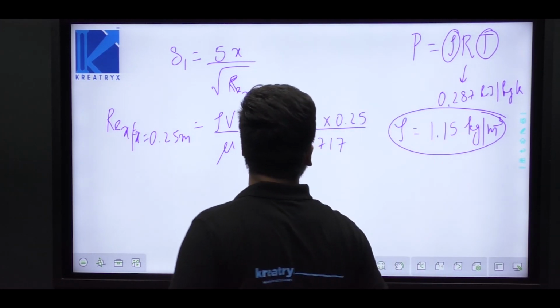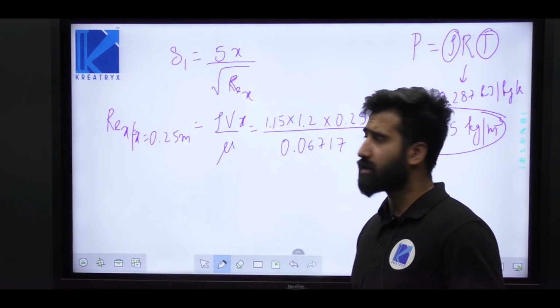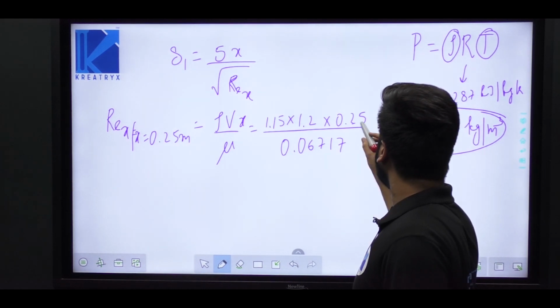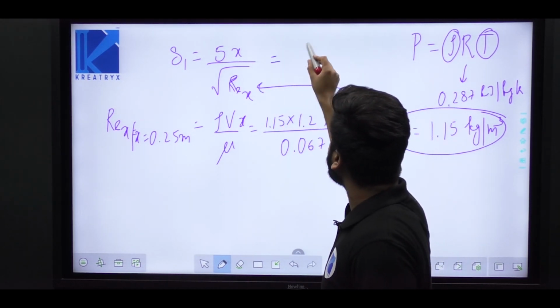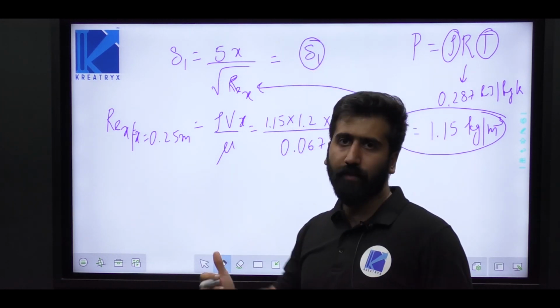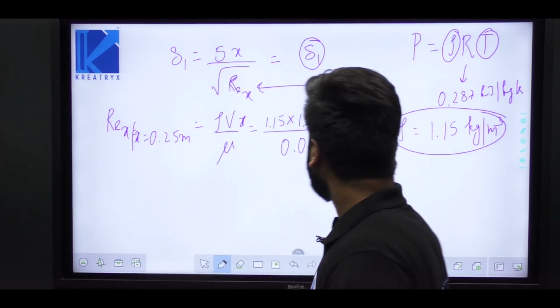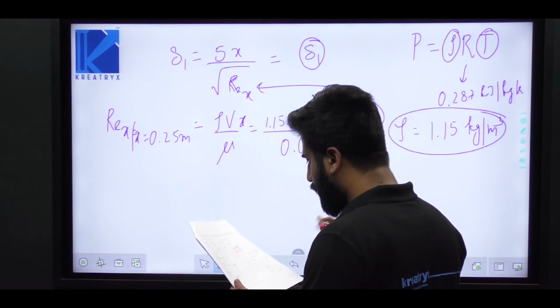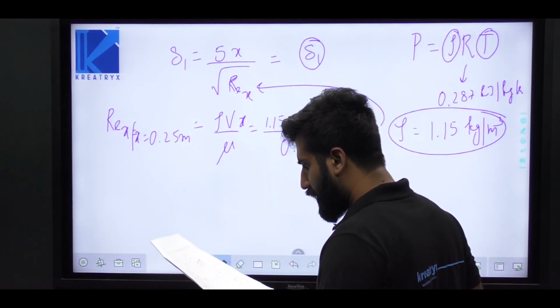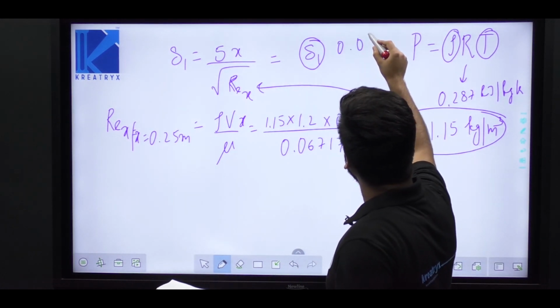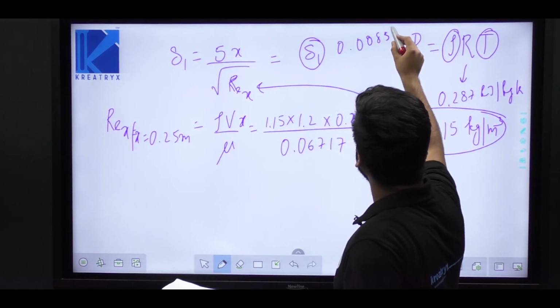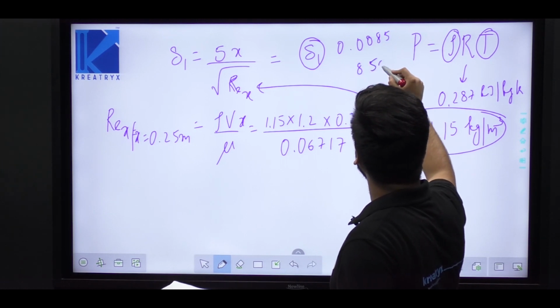Whatever the Reynolds number is, just find it and put the value here, and you will get delta 1. I don't have the exact value of delta 1 with me, but it will be around 0.0085, that is 8.5 mm.